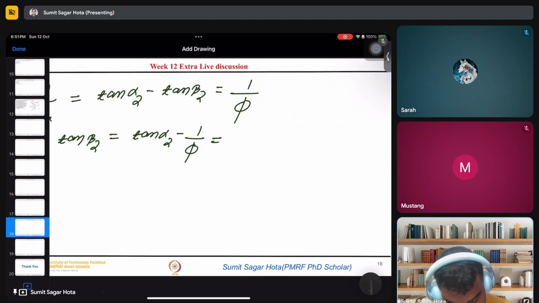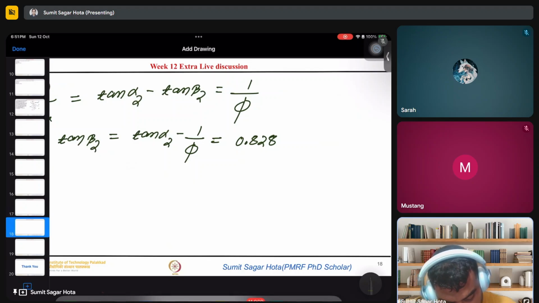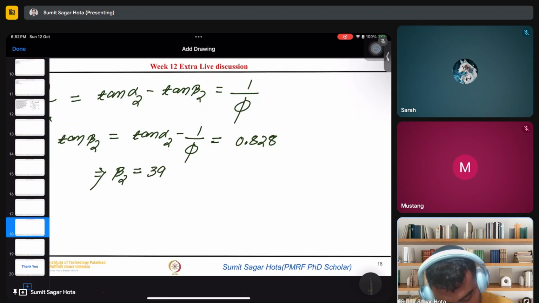So you will solve it and get this value as 0.828, and if you solve for beta 2, it is 39.6 degrees.